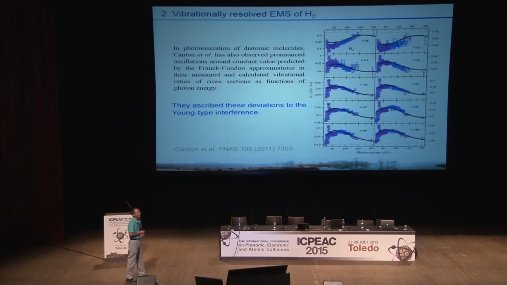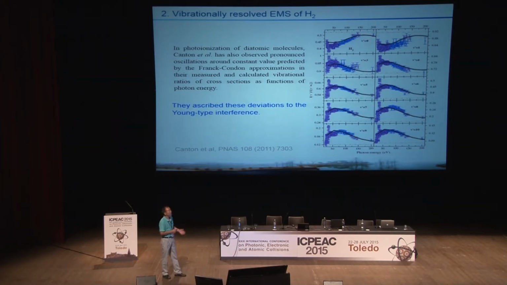These deviations from Franck-Condon values are also observed in the photoionization experiment. They ascribed this deviation to the Young-type interference.